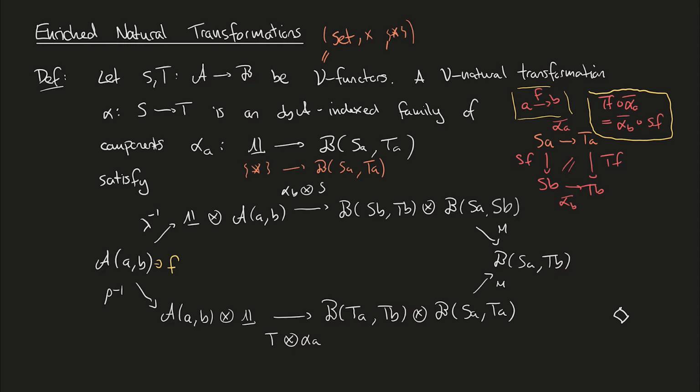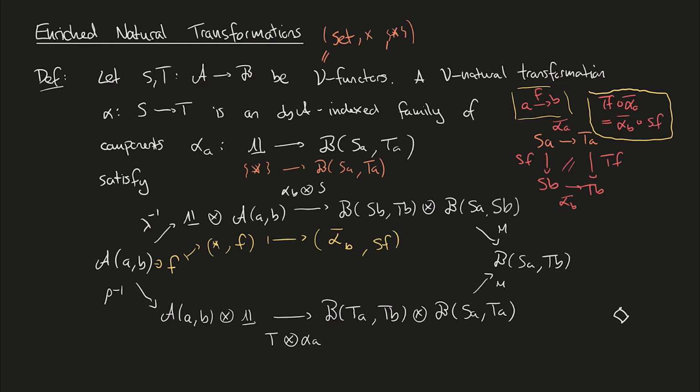So we use first, if we go along the top path, the inverse of the left unitor to get from f to the pair of the singleton and f. And this is just so that we can then, with alpha B tensor S, pick out the component alpha B bar, comma Sf.